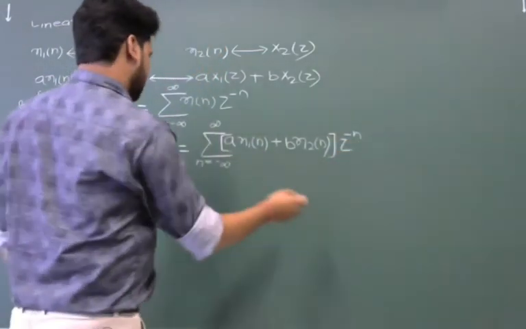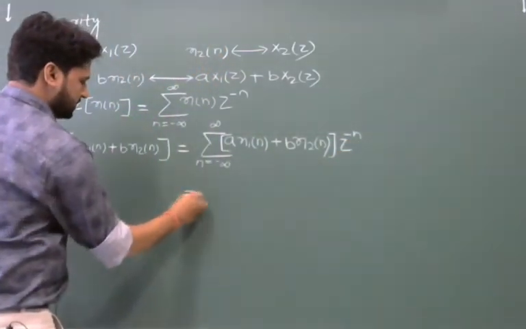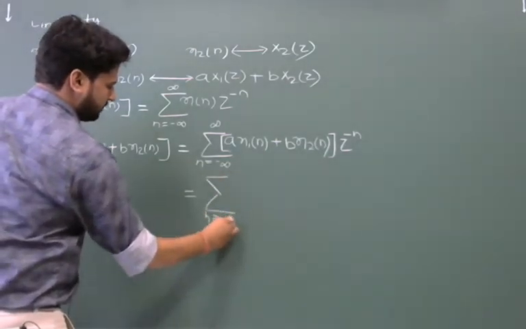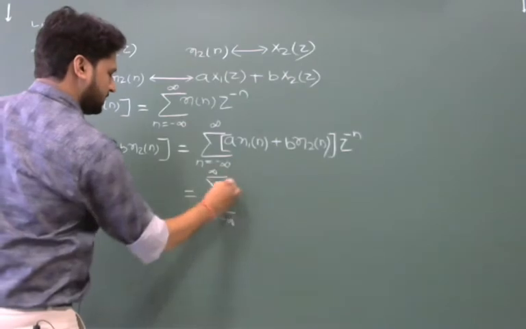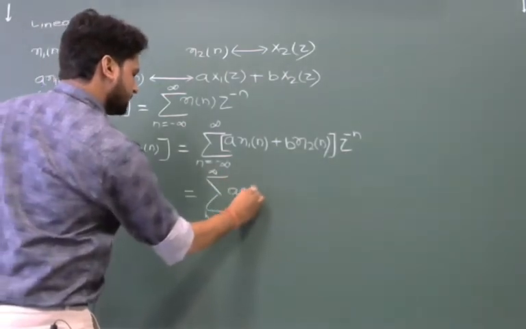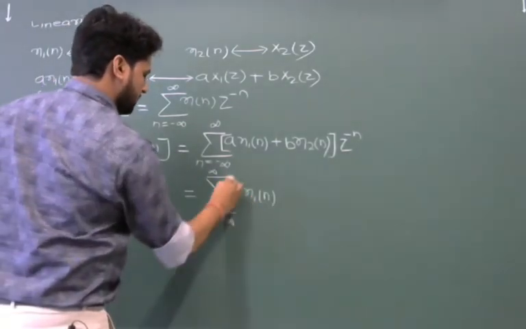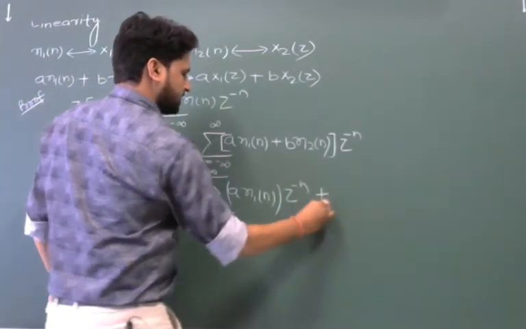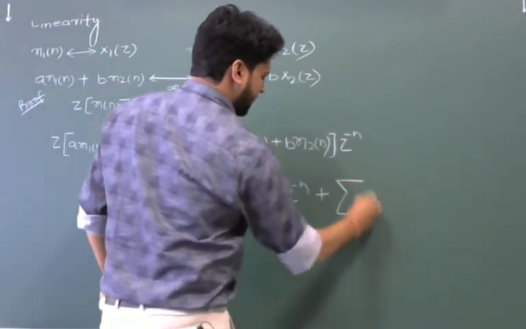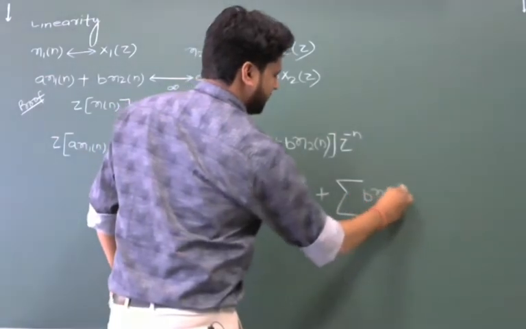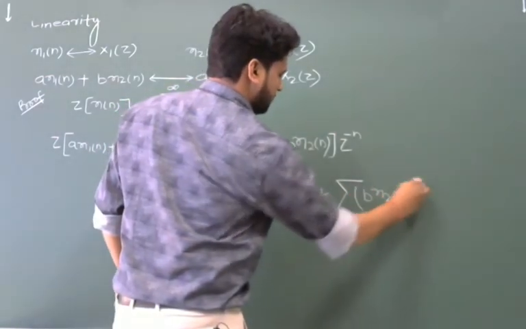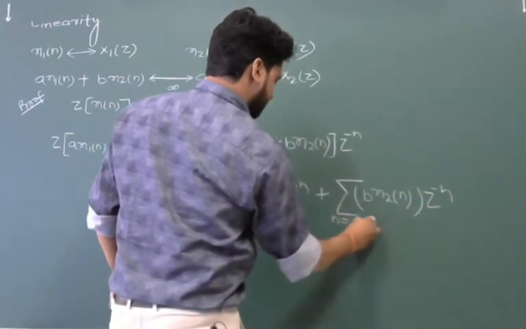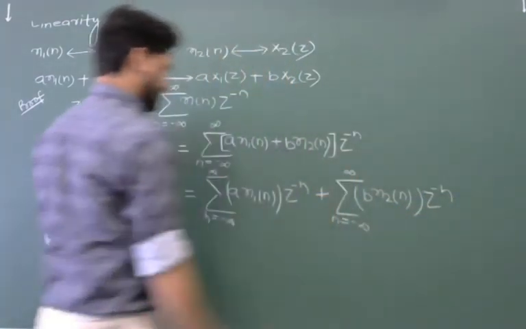Or we can separate the terms as sigma a times x1 of n into z power minus n plus sigma b times x2 of n into z power minus n, where n is from minus infinity to plus infinity.